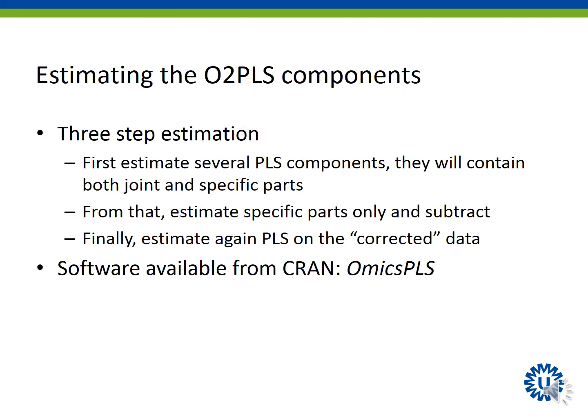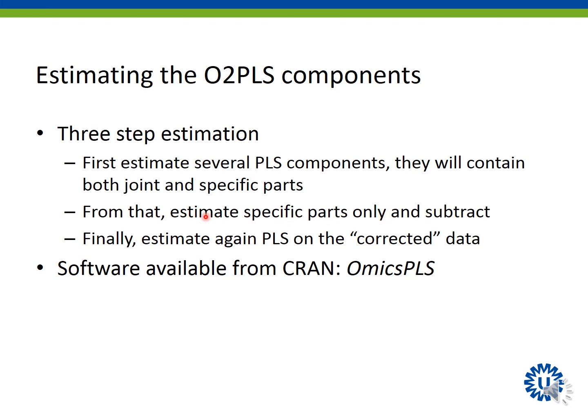To estimate these parameters, this goes in three steps. The actual details are a bit too technical, but in general, you can say that we first estimate several PLS components, and they will contain both joint and specific parts. From that, we estimate specific parts only and subtract.